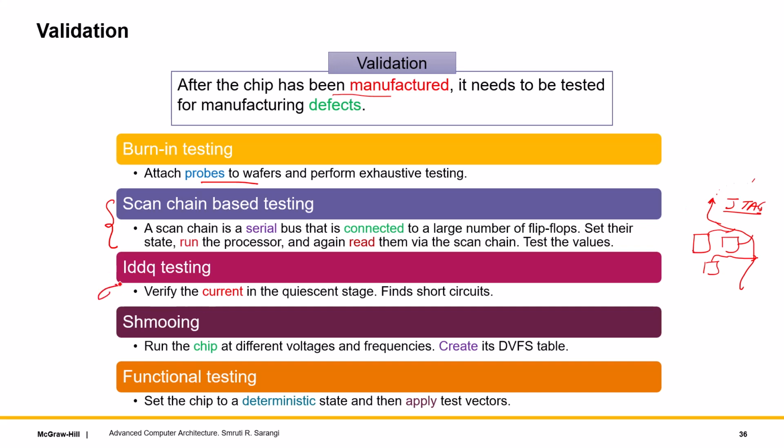Then we have IDDQ testing, where you basically verify the current. We don't do any activity, but we verify the current drawn by different parts of the chip. The advantage of this is that we can identify short circuits. Then there is schmooing, where we run the chip at many different voltage and frequency levels. This allows us to do, number one, binning, which means that we can say that look, the chip is safe for only 2.5 gigahertz and below.